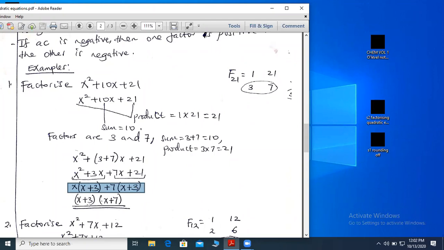When we pull out x plus 3, here it will remain x, and here it will remain plus 7. So we write x plus 3 into x plus 7. And that is the end. The other important thing is that when you are factorizing, if the first one is x plus 3, then automatically the other one will be x plus 3. Let us look at example 2.